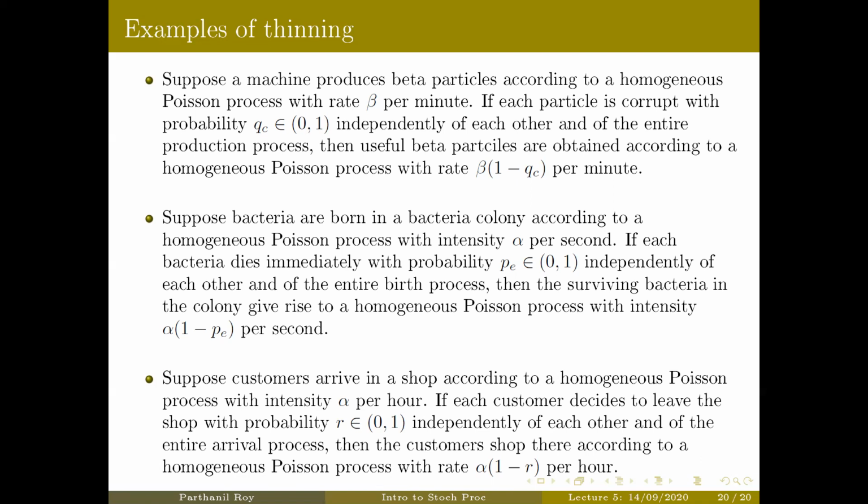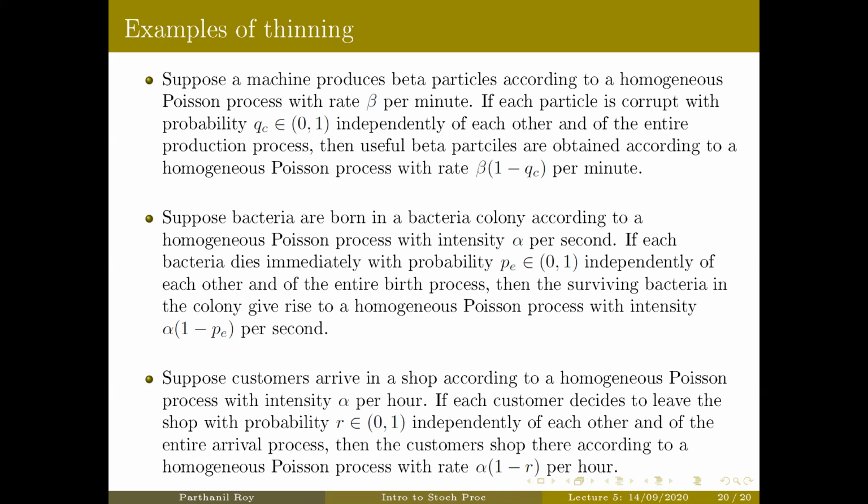So if you look at the process of customers who are shopping, that forms a homogeneous Poisson process with this particular rate. And of course, in this case, survival means not leaving the shop, or staying in the shop for shopping.